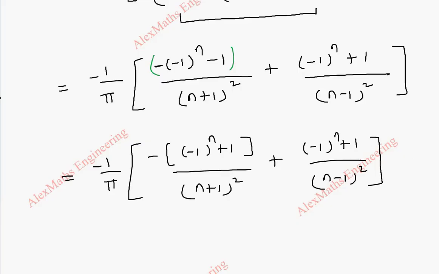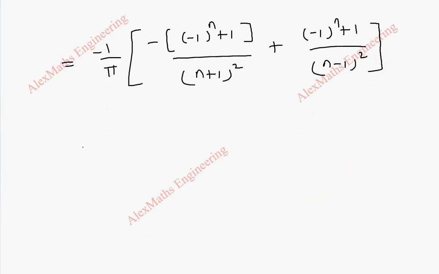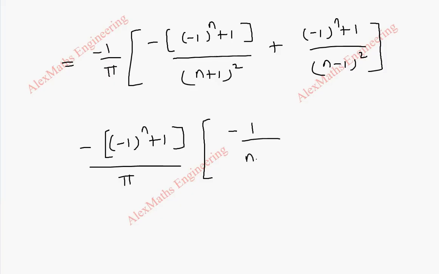Now totally this term (-1)^(n+1) can be taken outside. Outside there is a -1 and there is a π also. After taking this outside, we have -1/(n+1)² and 1/(n-1)². We are going to take LCM.